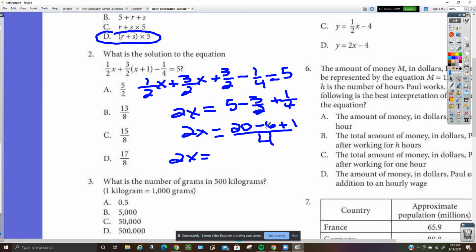So 20 minus 6 is 14, plus 1 is 15. And then maybe multiply by the reciprocal here, so it's not as messy. X equals 15 over 8.